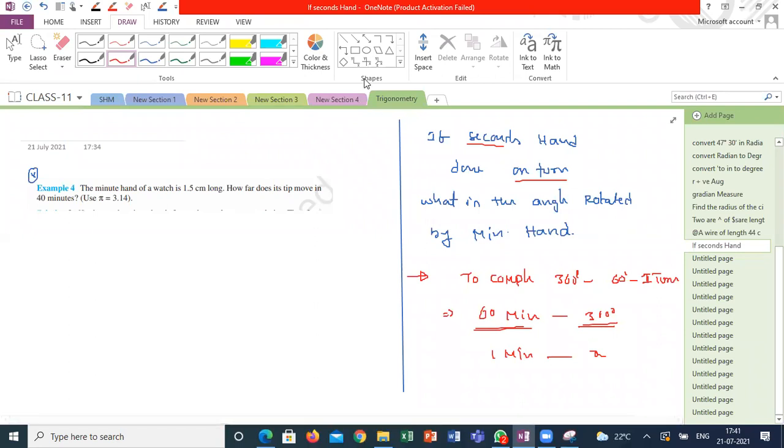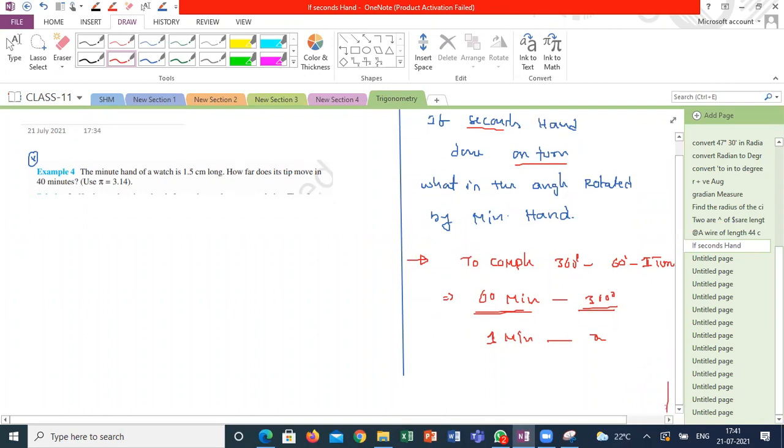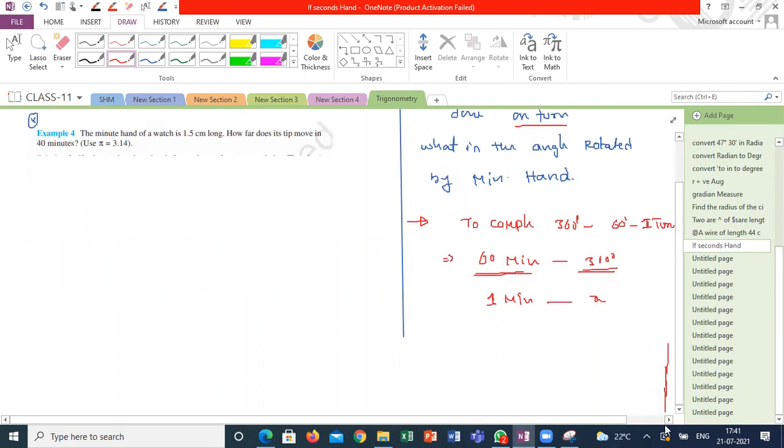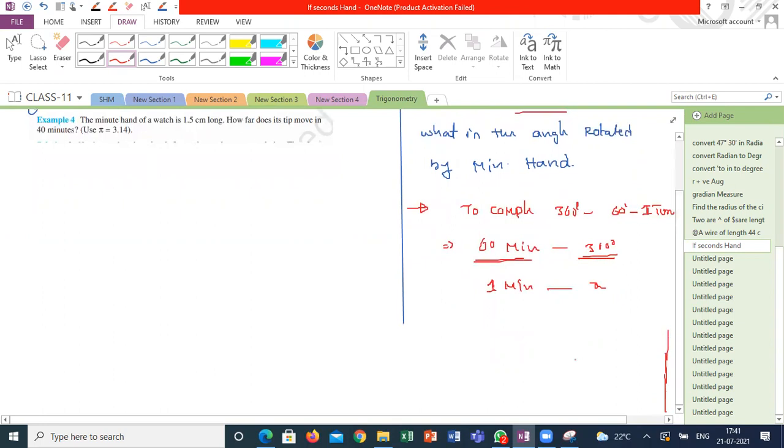Yes or no? Yes, sir. Then what is the angle required to complete 1 minute? Because the seconds hand completing one full turn is nothing but 1 minute. What is the angle rotated in 1 minute? 6 degrees or 1 degree?